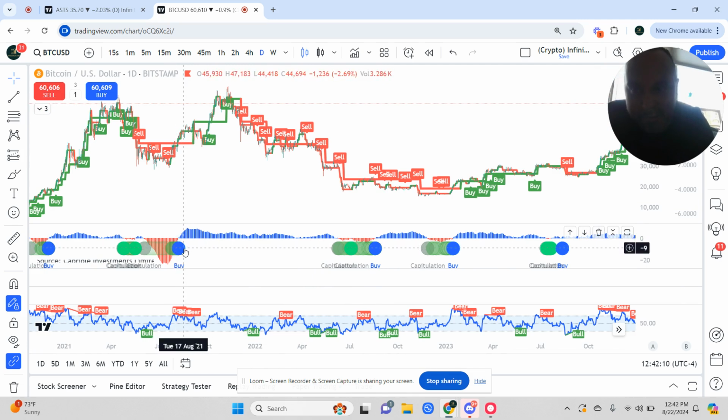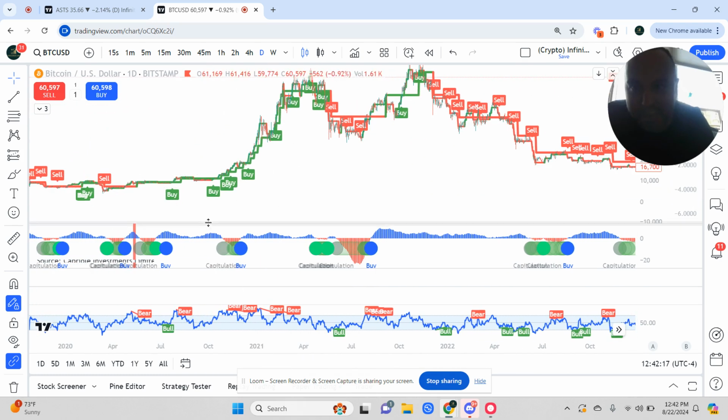Because here, buy signal. Capitulation, buy signal, wait until the buy signal, get the move up. Same thing here. You're already on a buy signal here, but capitulation, buy signal, move up.